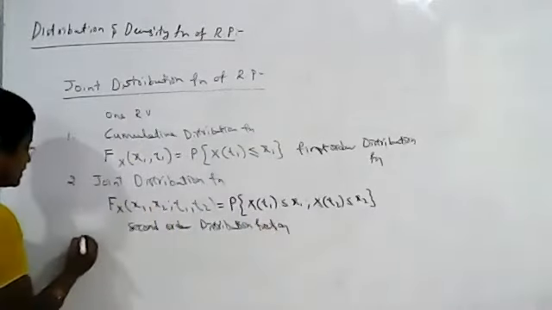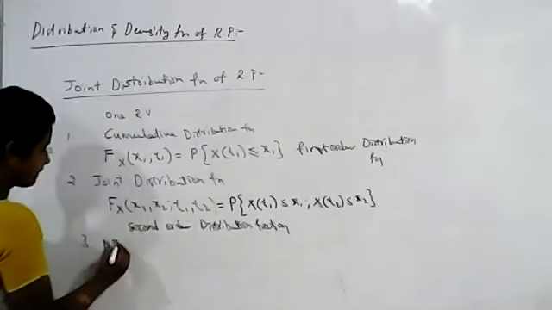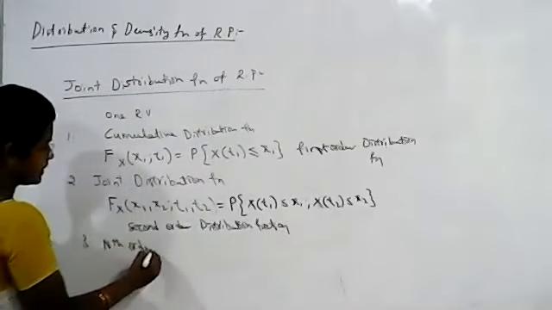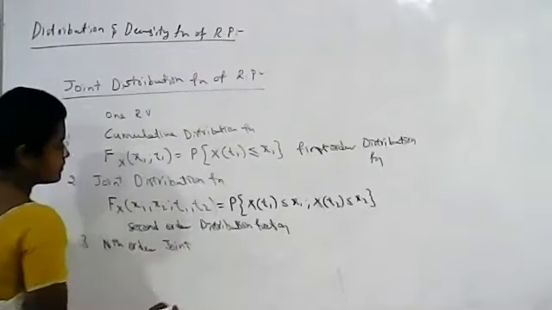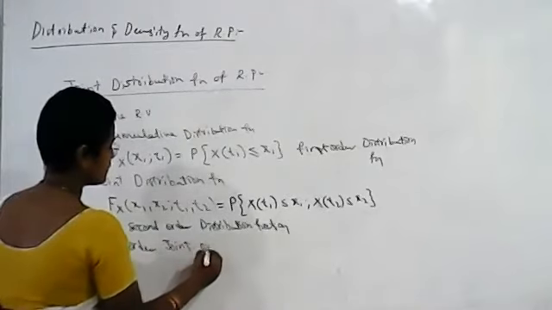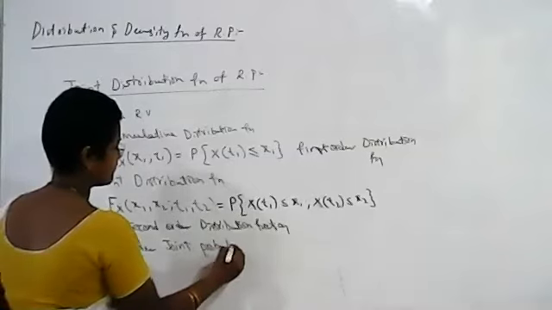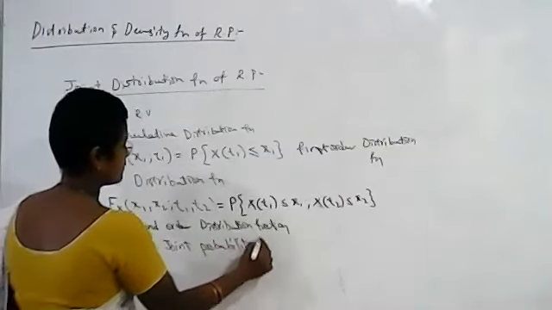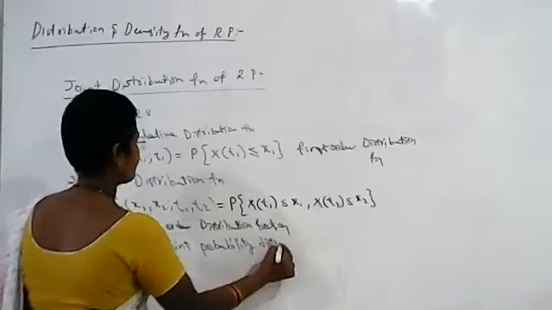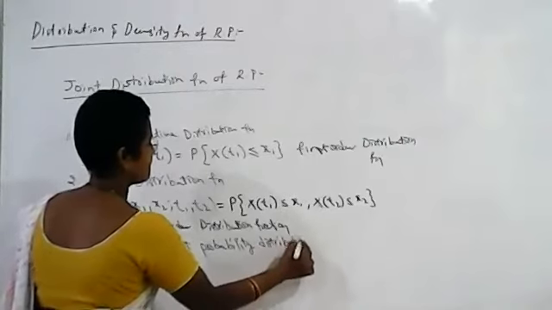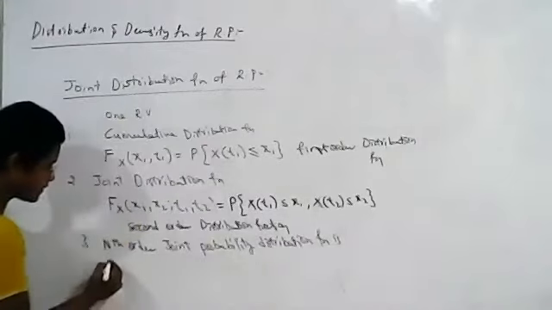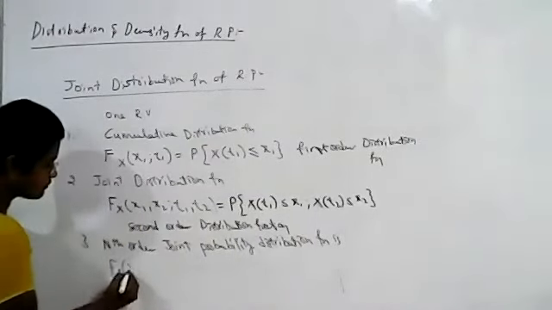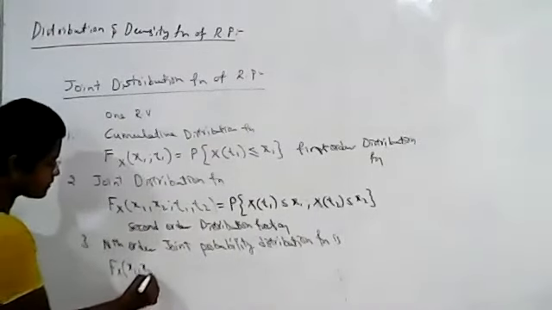Okay. Similarly, the nth order joint probability distribution function is, how do we write it? Fx of, how many random variables should we have now?